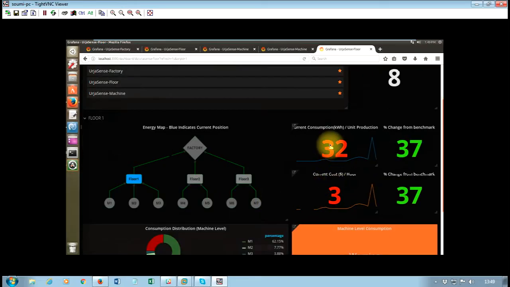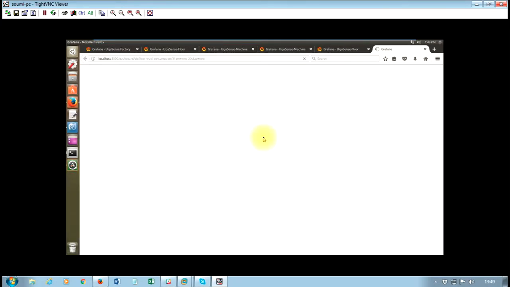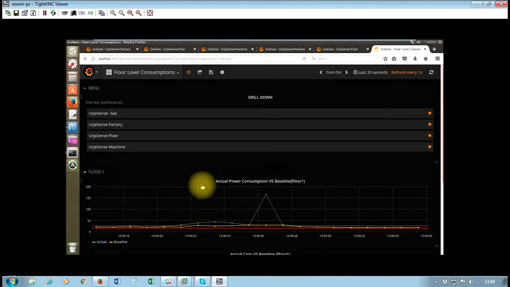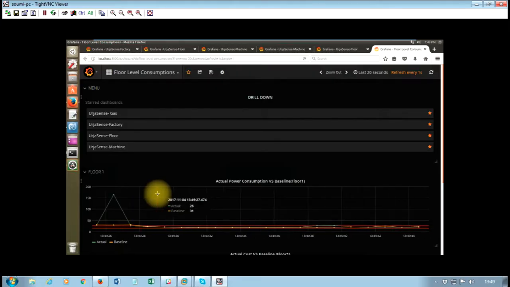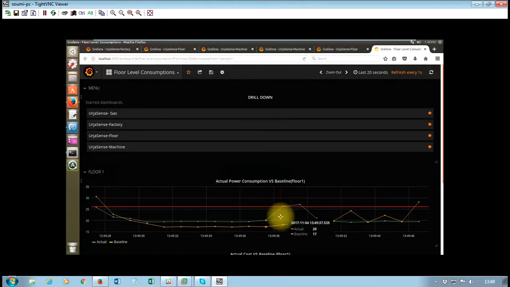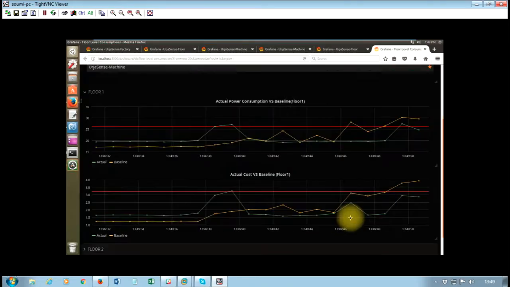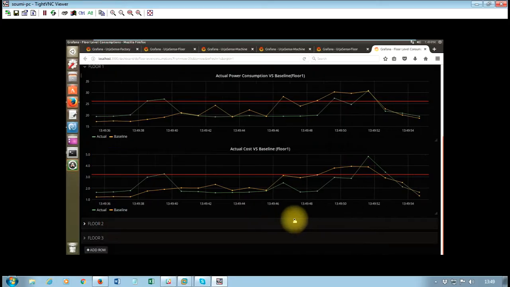Now if we want to look at the details here, we can look at the floor level consumption details. If we are looking at floor 1, then we'll see that the actual power consumption, which is green, is much higher than the upper threshold for this particular time, and this is what created that red mark at the floor level for this floor.